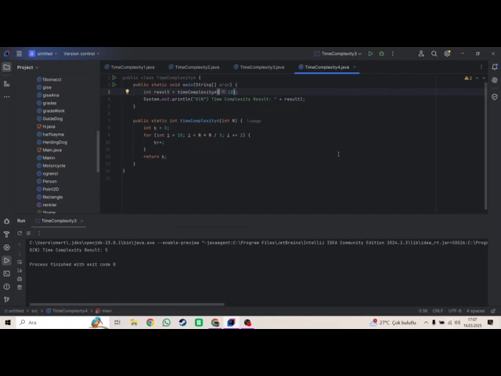Each call to recursive fib generates two additional calls, creating a binary tree of function calls. For example, to compute f(n), you need to compute f(n - 1) and f(n - 2), and this pattern continues, leading to an exponential growth in the number of calls.